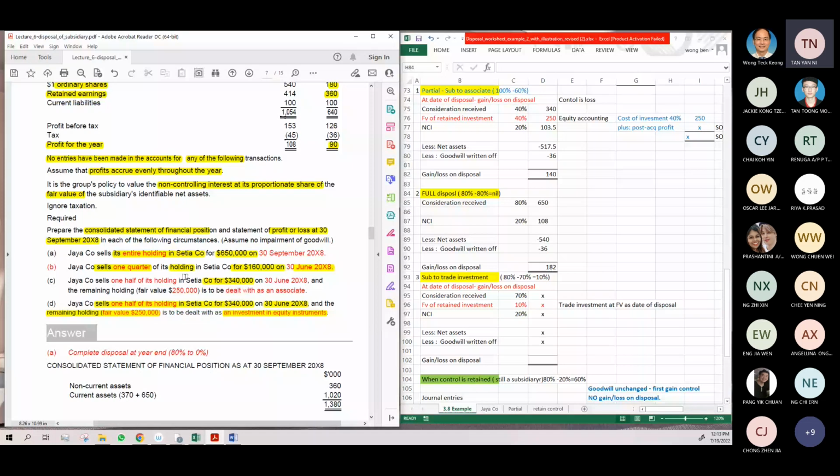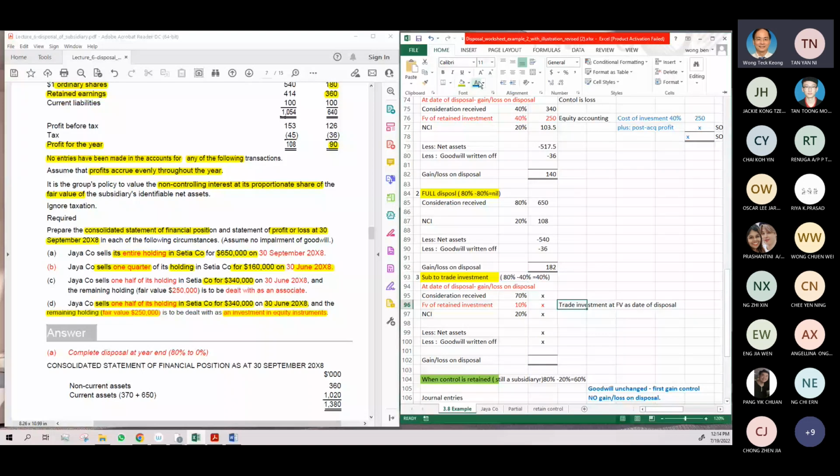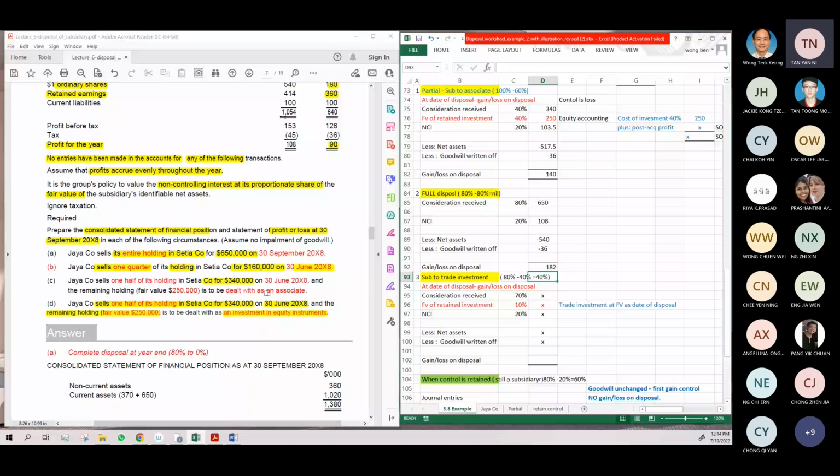So you had 80%, you sold off half of it, 40%, and you keep the 40, but it is just an investment. Holding 40% doesn't mean you become an associate, but in this case they clearly say it's an investment in equity instruments. It's not an associate. Associate is C, not D. Okay, thank you.